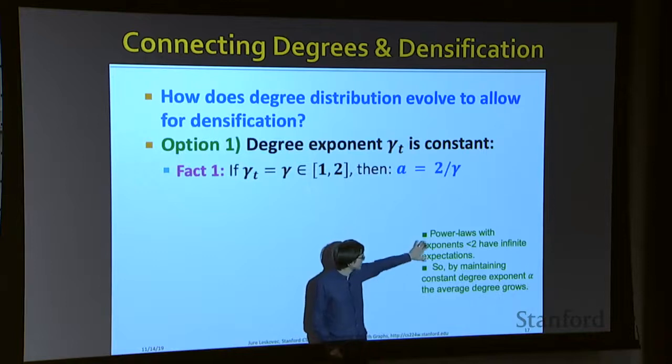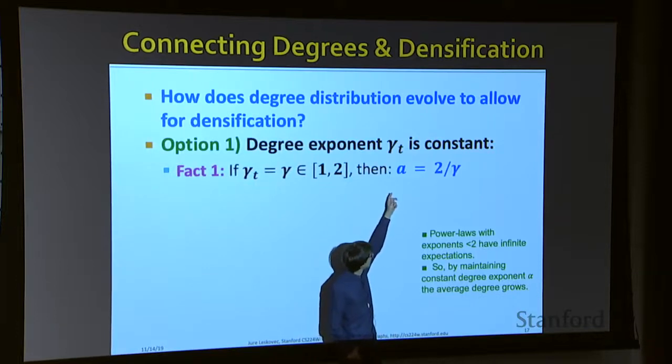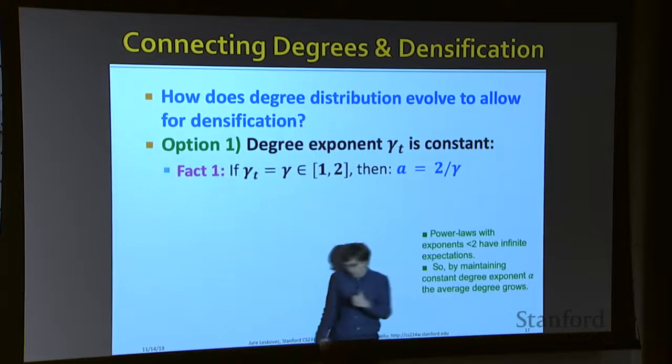The consequence is that power laws with exponents less than 2 have infinite expectations. So by maintaining a constant degree exponent, gamma in our case, the average degree will grow.